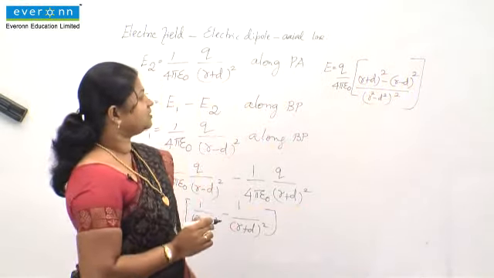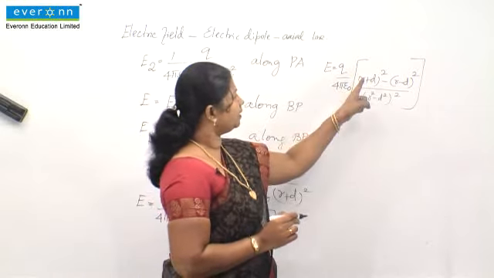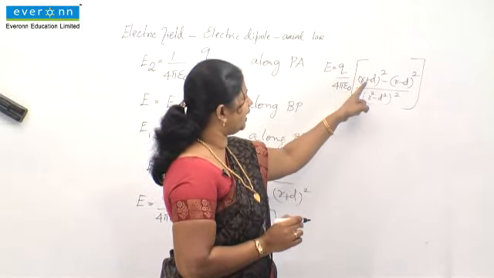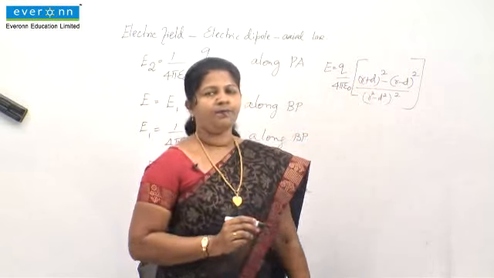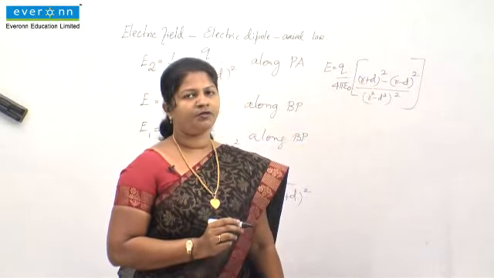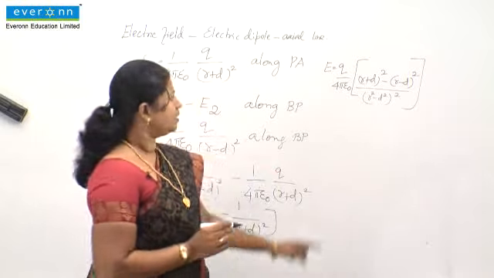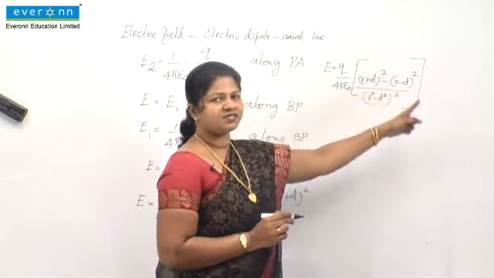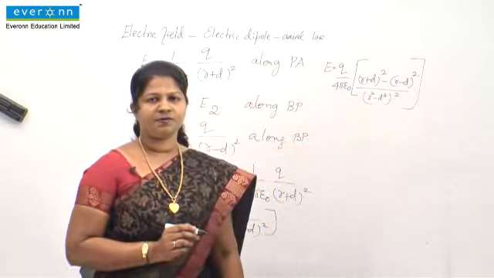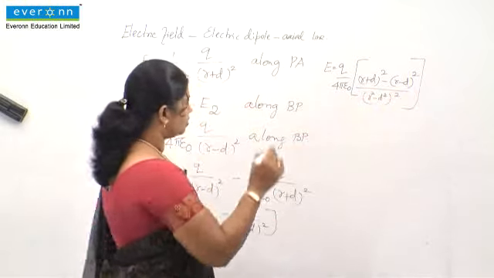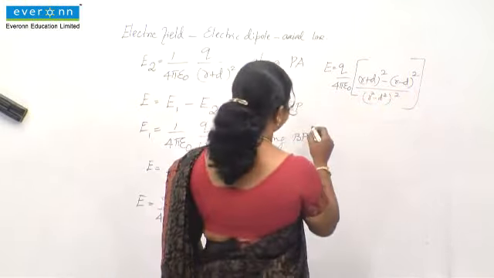Now again we have to simplify this equation. Here on the numerator it is of the form (A plus B) the whole square, which is equal to A square plus B square plus 2AB. Using the same here also, it is R minus D, so A square plus B square minus 2AB. So what will happen to the equation now?